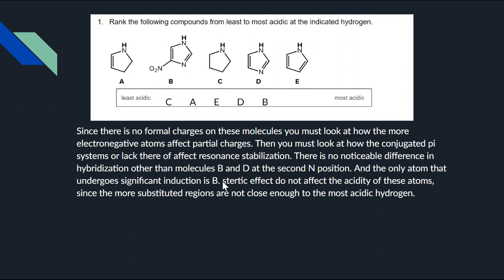So if you look at the single ones, you can see that there's going to be more charge associated on this, meaning the hydrogen is more easily donated. But all of the hydrogens are linked to a nitrogen.